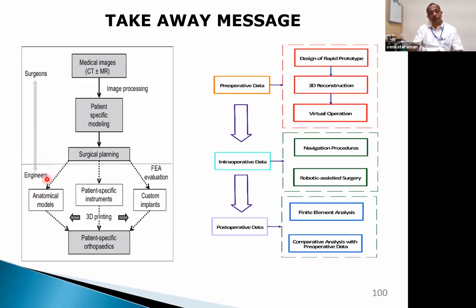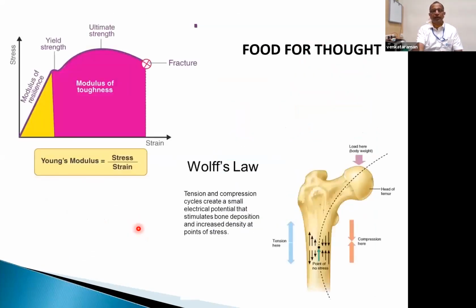And this is the area where engineers and the surgeons have to work together, not only the biomedical engineers, but also metallurgy, what type of metal has to be used, and what specific instruments, as I showed you in the procedure, where we can get a customized implant for a particular patient, and customized implants designed for hip and knee, and we can give better results for the patient, where my joint is going to function in the long run without any revision.